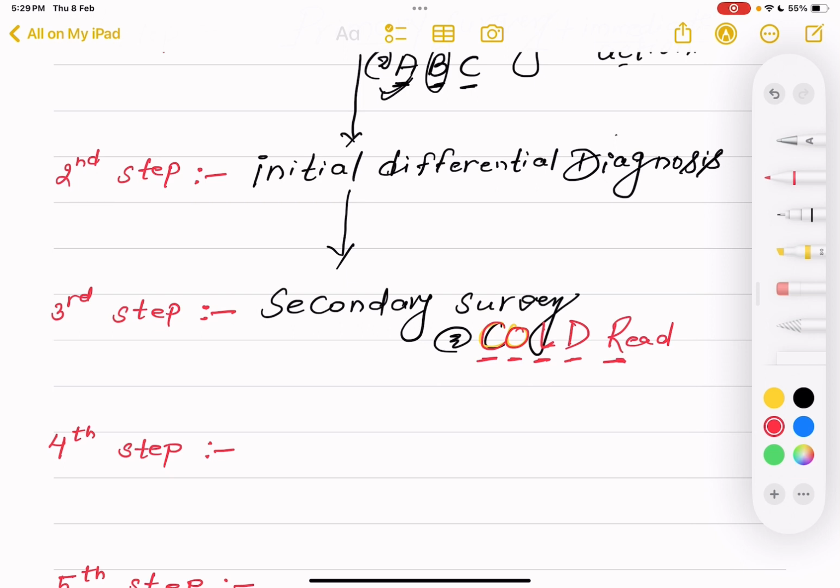Okay, and E stands for exacerbating or alleviating factors, A stands for associated factors, and D stands for the changes, or we can say different today, whether there is a change in the pattern of the symptoms or the presenting complaints from the previous to the current visit.